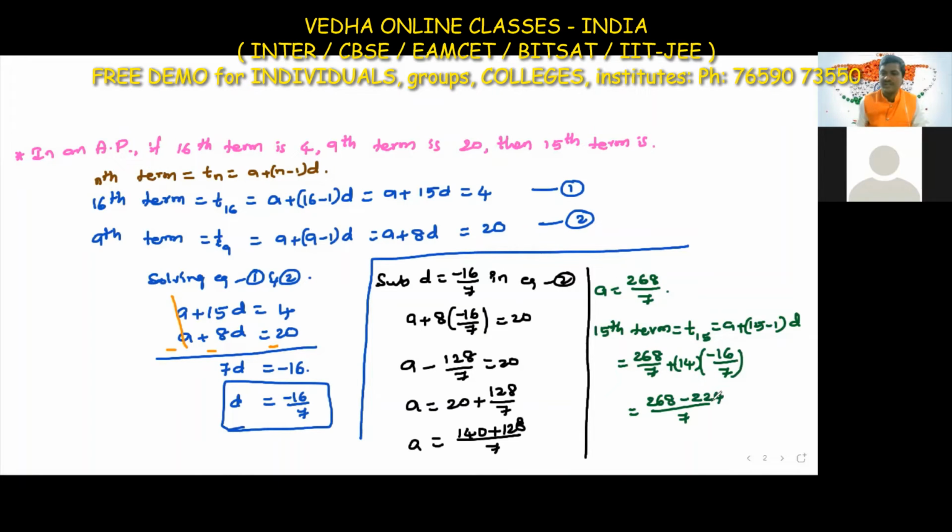So 268 minus 224, how much is it? 44. So 44 divided by 7. This is the required solution.